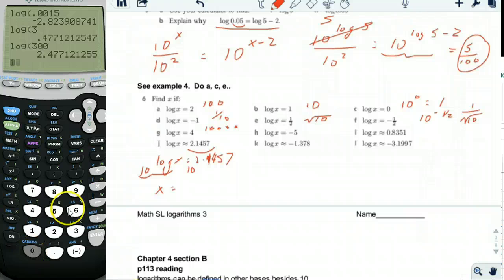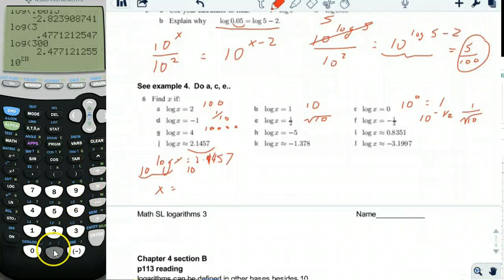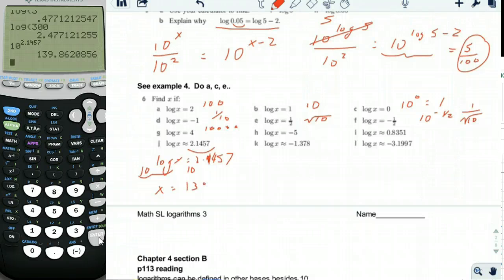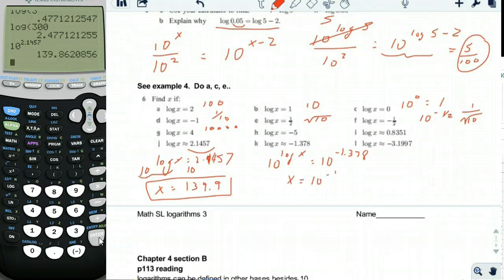Go 10 to the 2.1457. That'll give us 139.9. Okay? So that's how you do these. You just say, I'm going to take 10 to the log x equals 10 to the negative 1.378. 10 to the log x is just equal to x. So you just do this operation in your calculator.